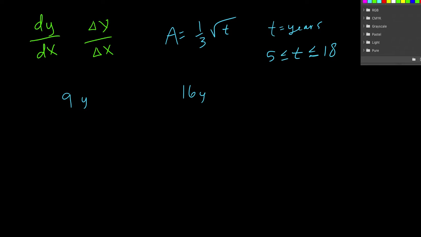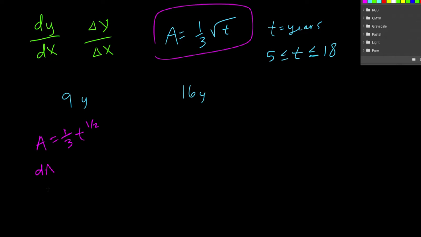This has multiple parts. Okay, so what we know is we want to first take the derivative of the function that we're given. So I'm going to rewrite it as 1/3 t to the 1/2. And then if I take the derivative, so we'll just call it dA, we're going to still have that 1/3 out in front.